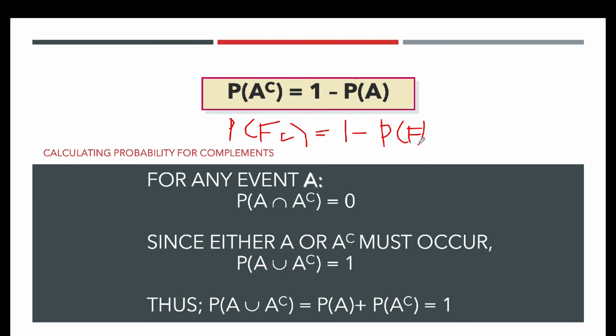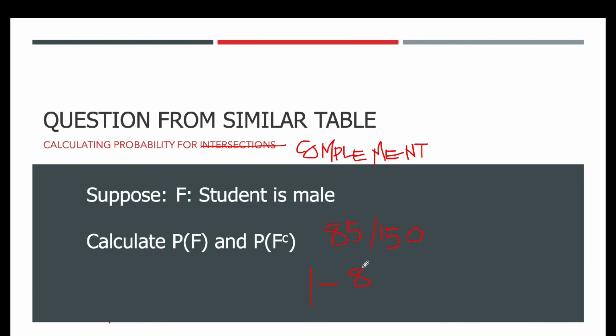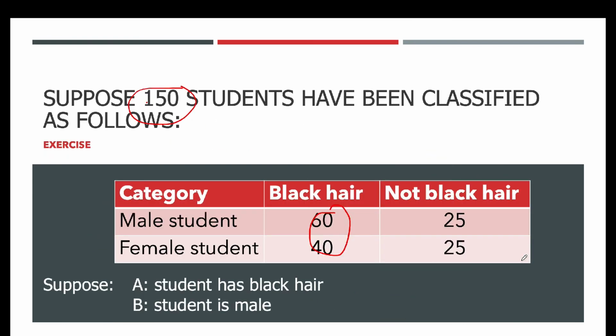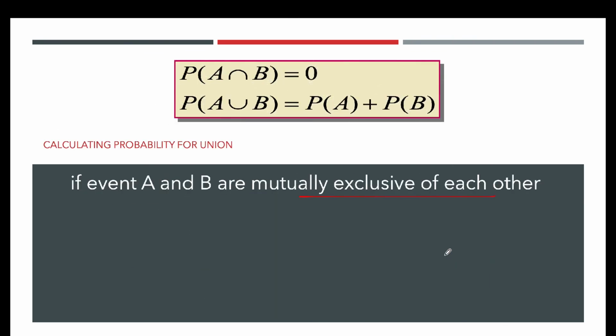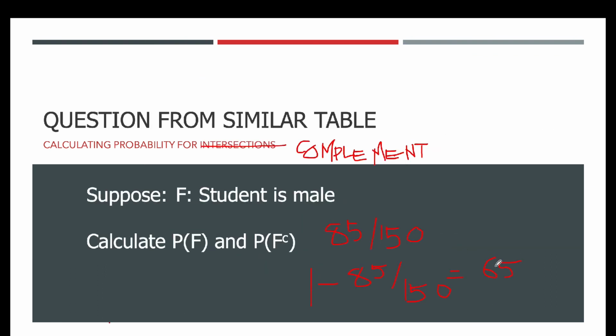So 1 minus 85 per 150, you get 65 per 150. Is it correct? Let's check: 40 plus 25, we have 65 per 150.